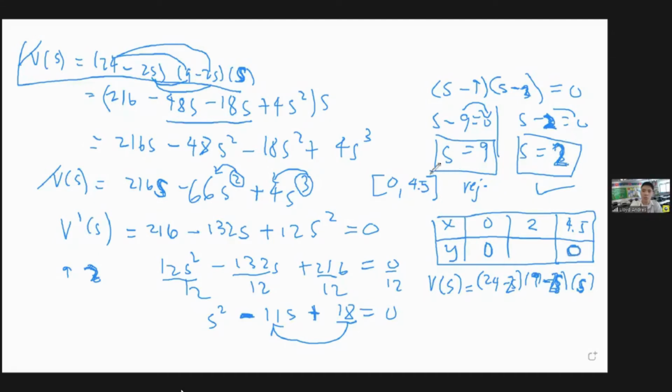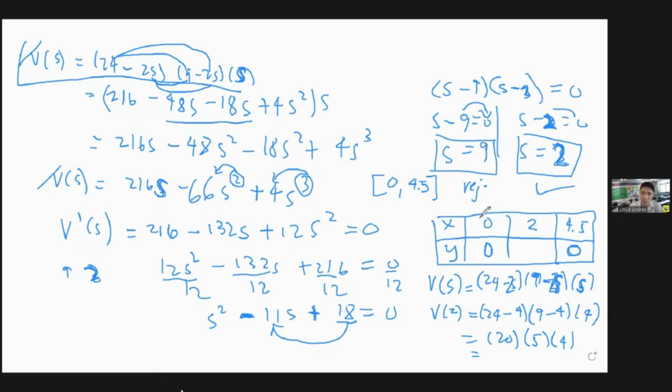So unsa ang sa 2? So V of 2 ta. So that is 24 minus 2s, 2 times 2, that's 4. 9 minus 2s, another 4 times 4. Sorry, dili ni 4.